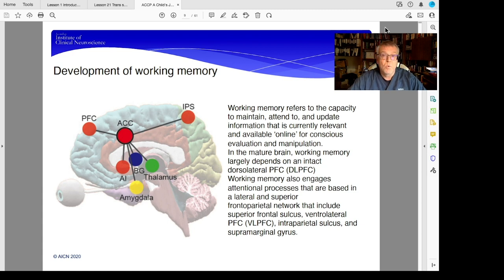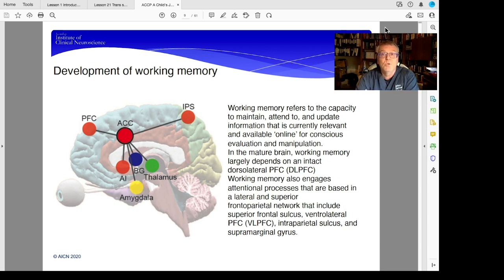Now, working memory basically refers to our capacity to attend to something and update information. That information is usually currently relevant and available online for our conscious evaluation and manipulation.